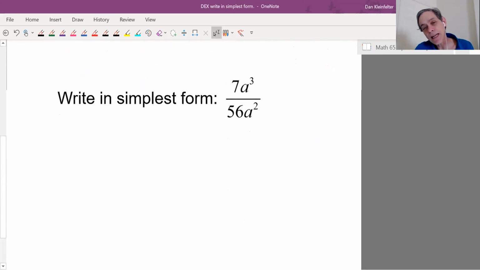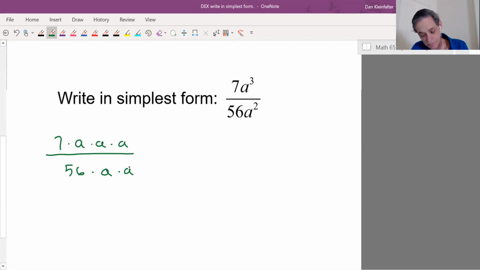The next one has some letters in it, but we'll work with it in the same basic way. We have 7a cubed, which is 7 times a times a times a, and that's divided by 56 times a times a, 56a squared. Taking care of the number part first, I know that 7 times 8 is 56, so we'll divide the numerator and denominator by 7.